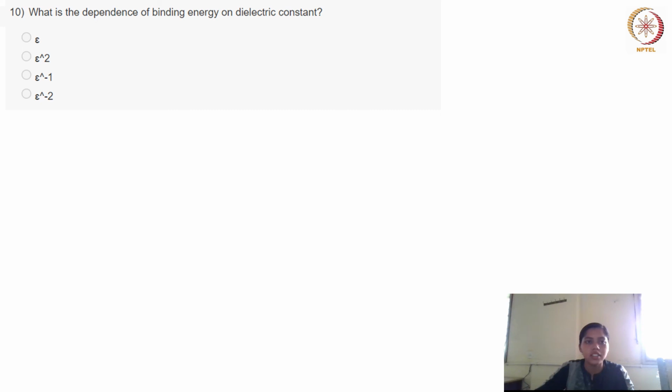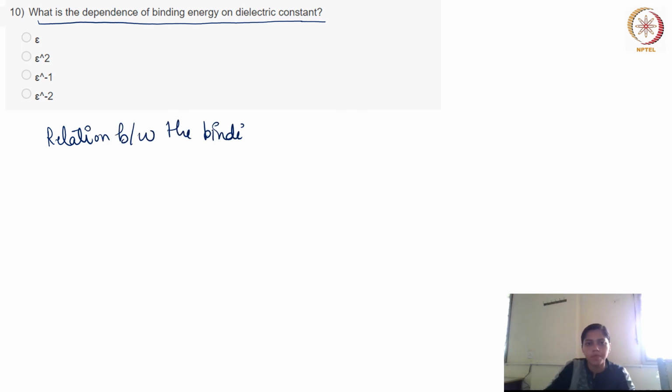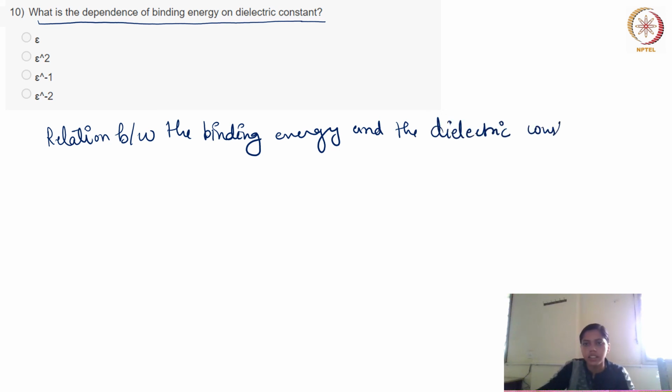So the next question is, what is the dependency of the binding energy on the dielectric constant of the material? Okay. So the relation between the binding energy and the dielectric constant is an inverse proportionality.